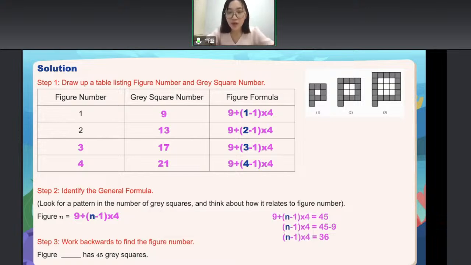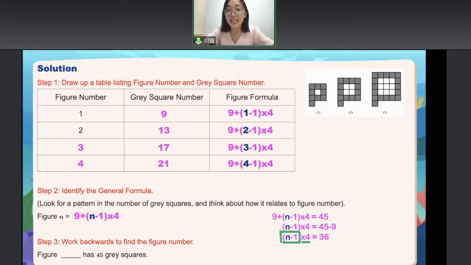And then again, when there is a bracket and also we have a multiplication part, where should we start from? Yes, we need to start from bracket, right? Okay, and then think backwards. That is, again, you can take the bracket part as a group. The group times 4 equals to 36.